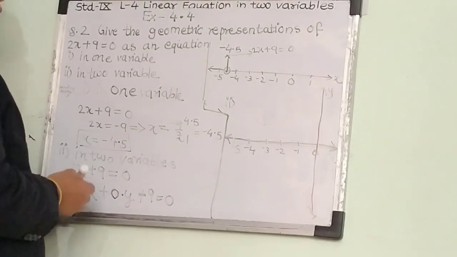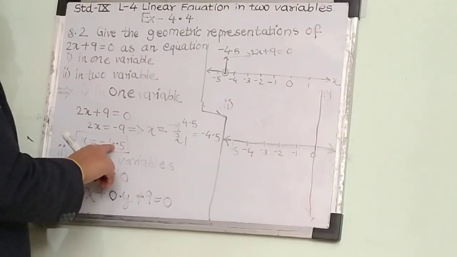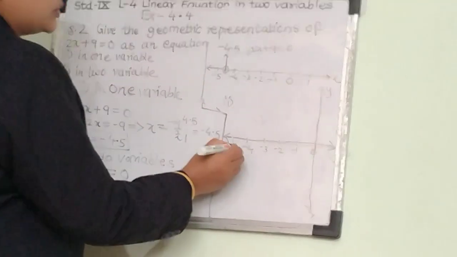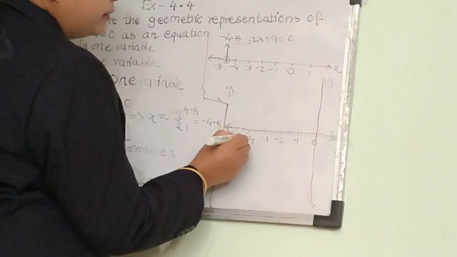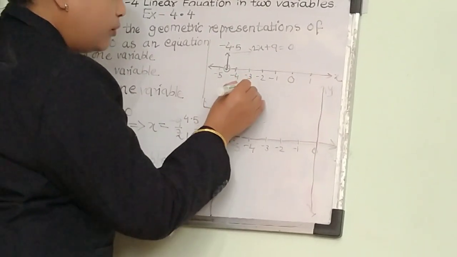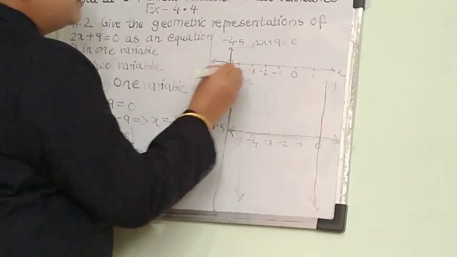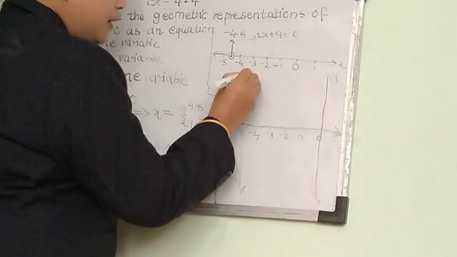Now again here if you solve, we get x equals minus 4.5 only. So at 4.5, which is in between minus 5 and minus 4, we only have to draw the line passing through minus 4.5.